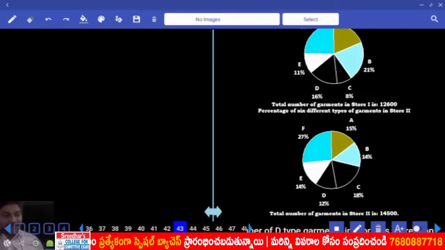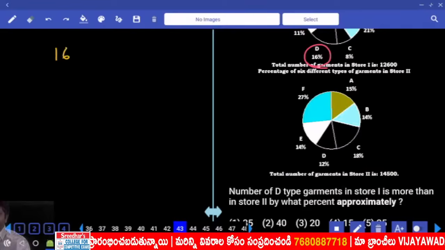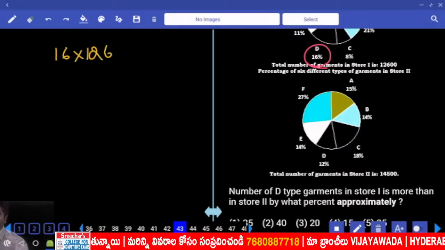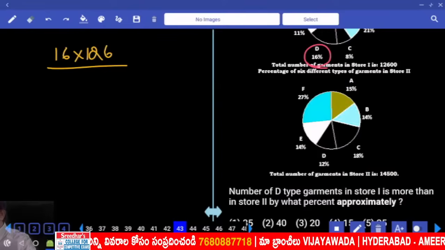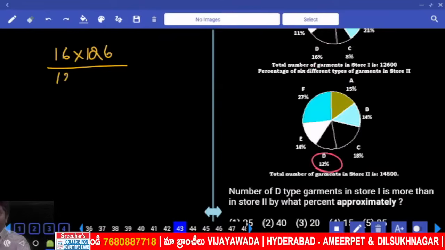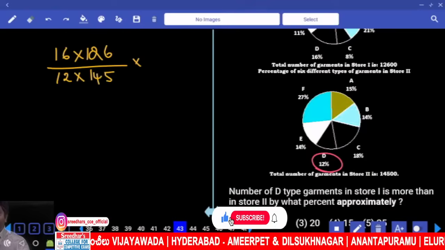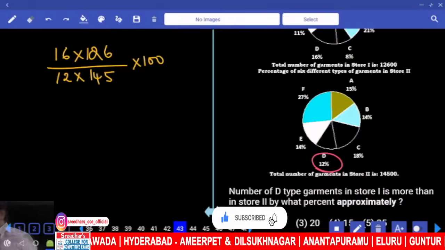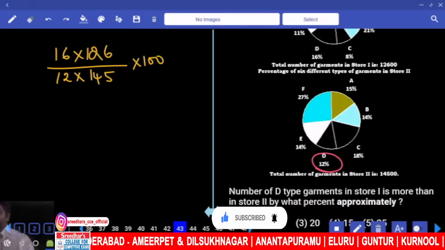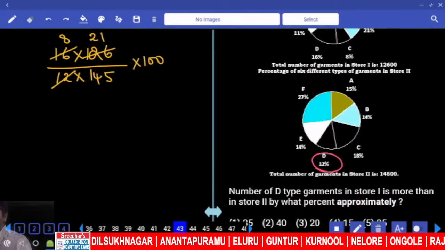D value, come on, D, how much is that? 16% calculated on 12,600, I am writing 1% value. D value 12% calculated on 14,500, I am writing only 1% value, both cases. 6 2 times, 6 21 times, 2 8 times.